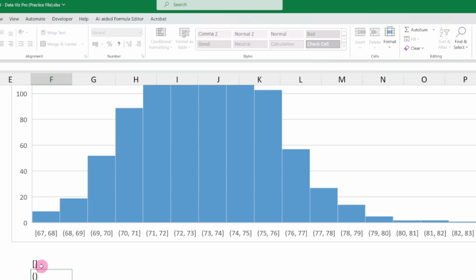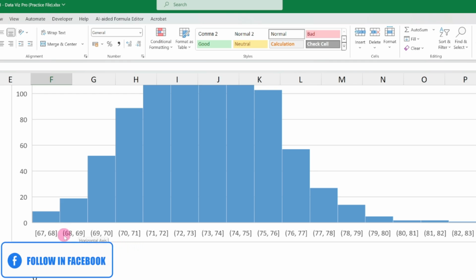You might have noticed that the first data set is given only with a square bracket, but in the second one we have two types of bracket. This is square bracket, and this is square bracket, and this one is round bracket. So why do we have two types of bracket here? We need to know the concept of this.